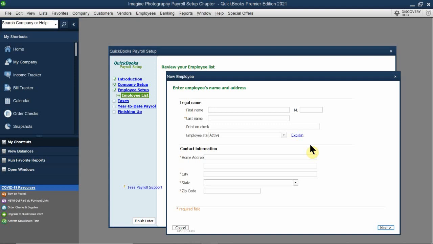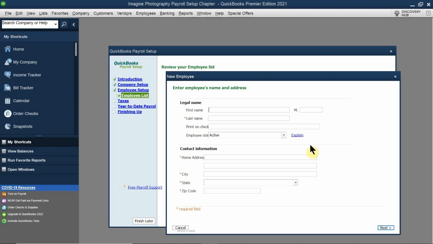So it's very important that you list this here, because if you are issuing a paycheck, it's important that you list their legal name, not their nickname, because sometimes when banks recognize that a name doesn't match the person's name on the account, it does not go through. It's because the names don't match. So in this case, you have to use the legal name.